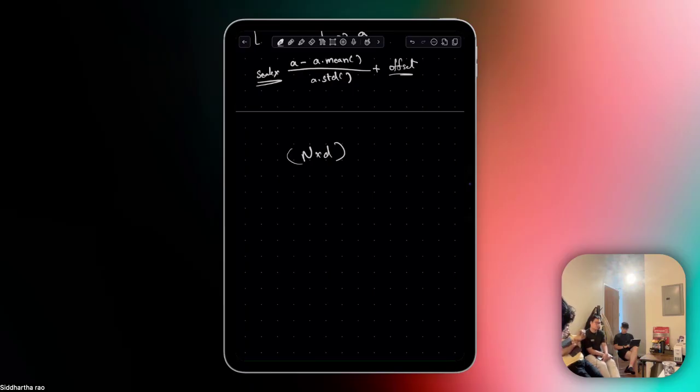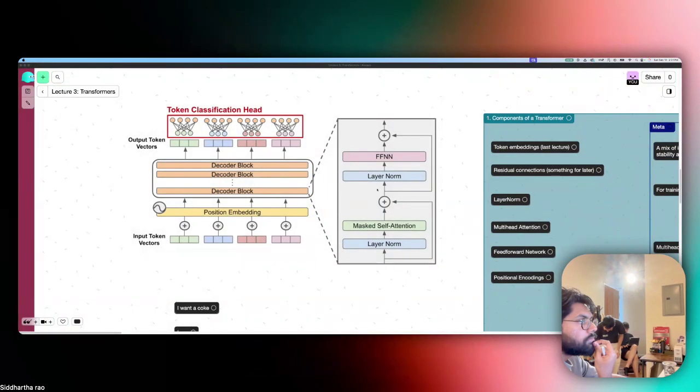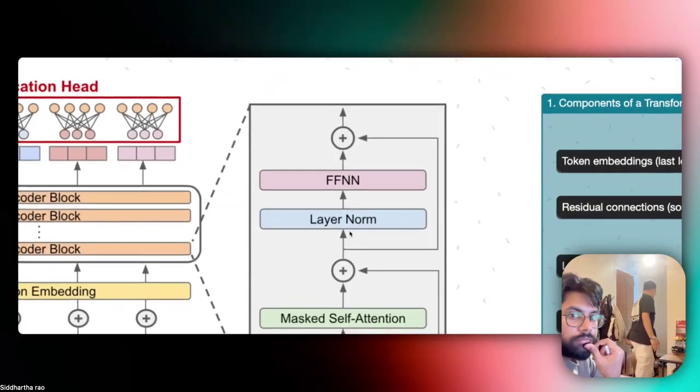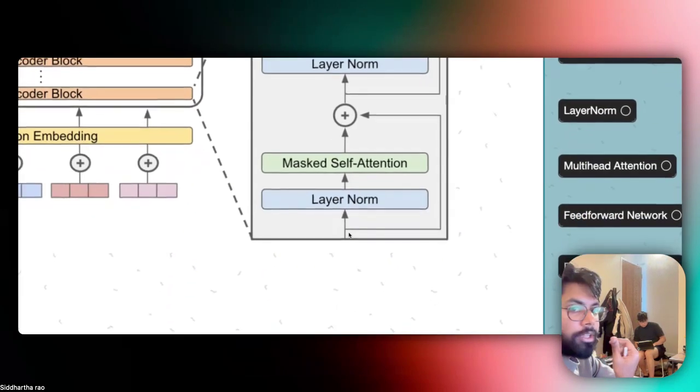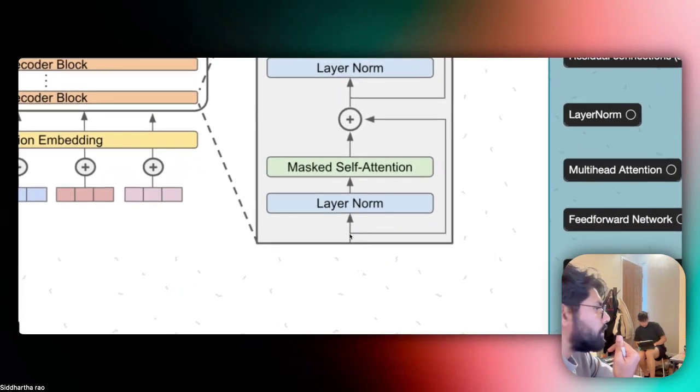So there's a plus operation for the output of self-attention and then layer norm, which then goes again. Let me draw this. You have the input matrix here.